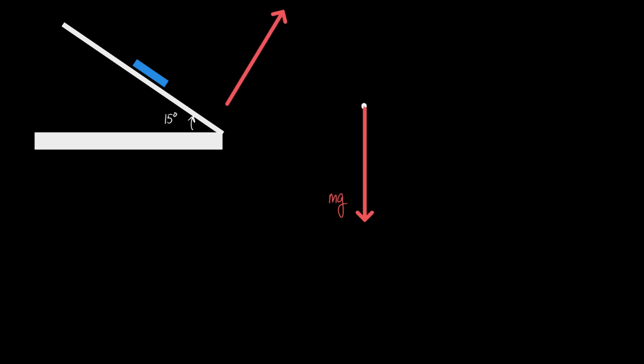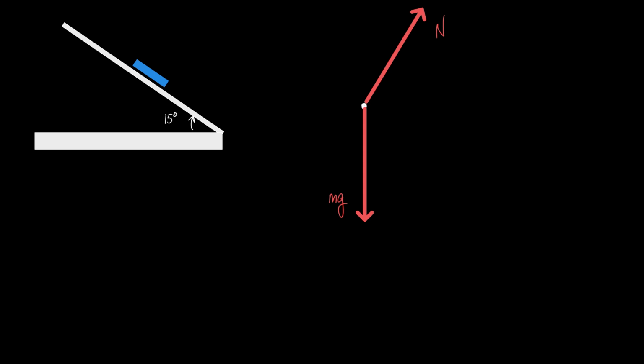Looks pretty close. Perpendicular to the surface of the book. I'll label that normal. Is there anything else pushing or pulling on the calculator? No. 2 arrows.